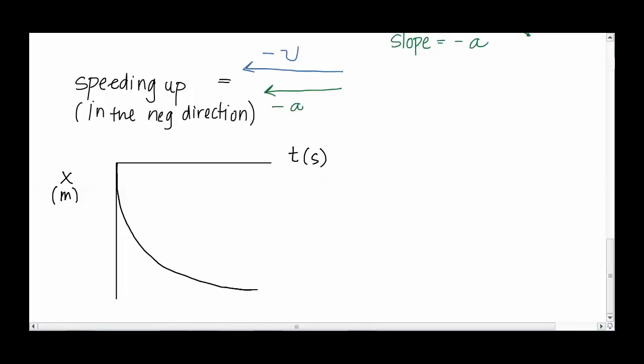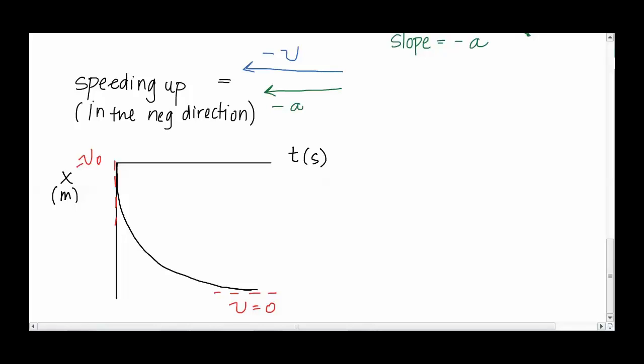So we start out initially with a very negative velocity and it goes to 0. So we've got a negative velocity to begin with. And it goes to 0.